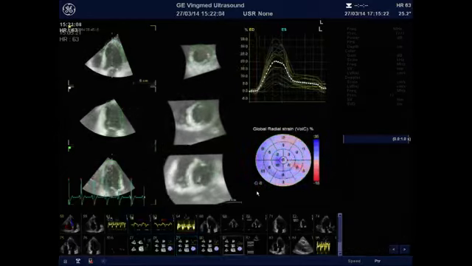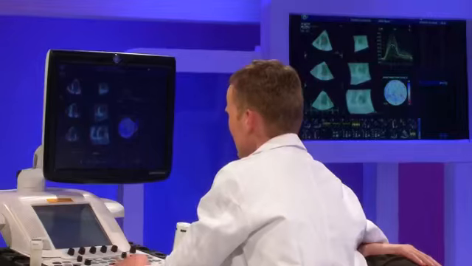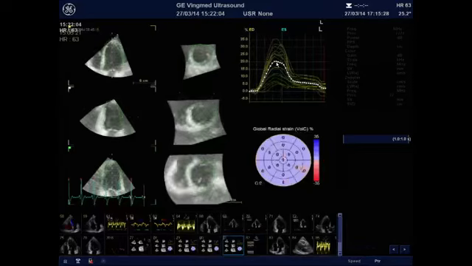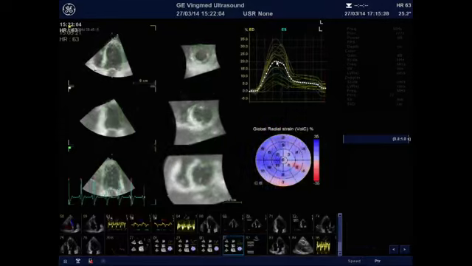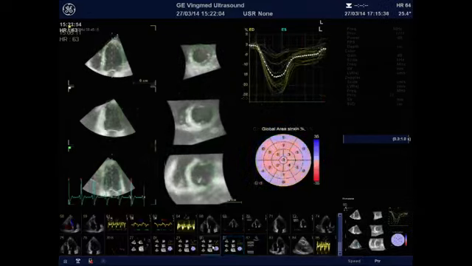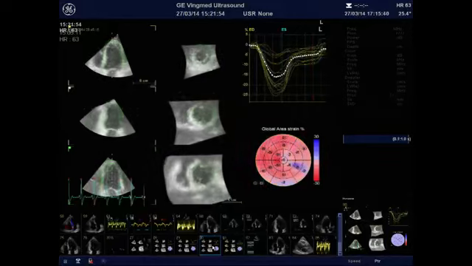Then we will get the radial strain, which is the thickening of the LV in systole. Here we have a mean value about 20% for a normal value about 40%. And we can also compute another parameter of deformation, which is the area strain, which is a combination of the circumferential strain and the longitudinal strain.